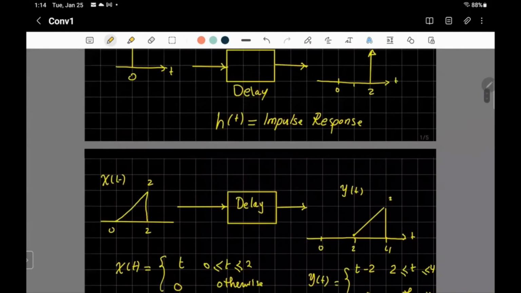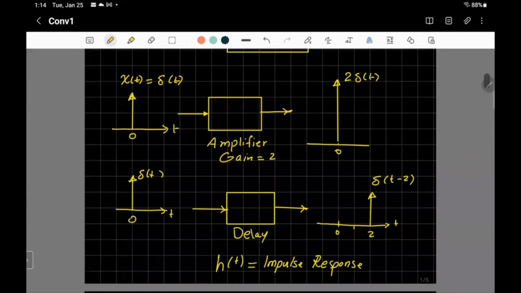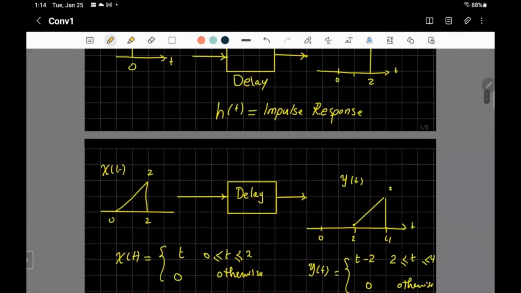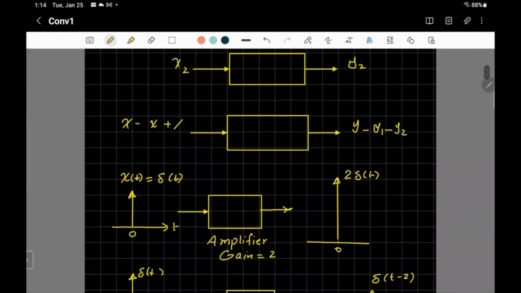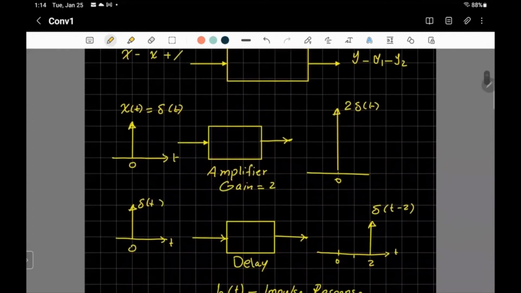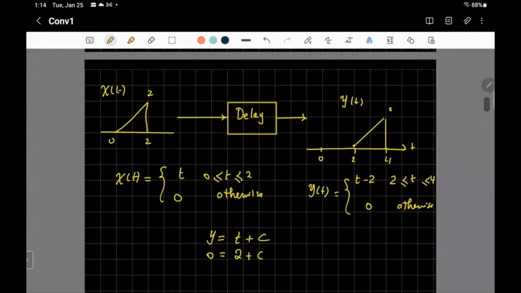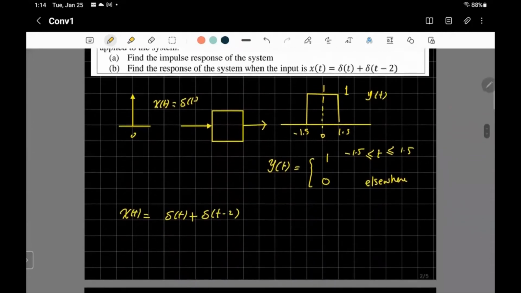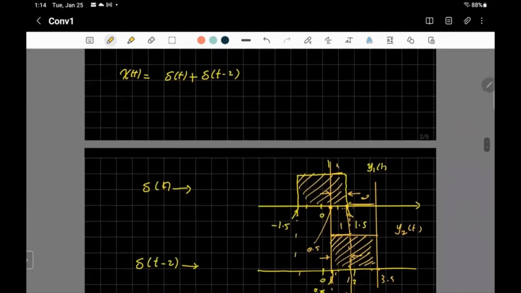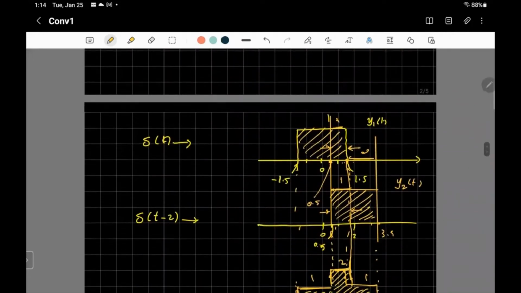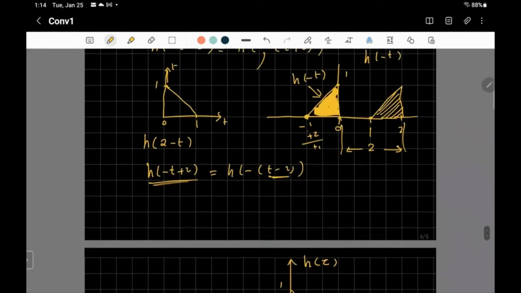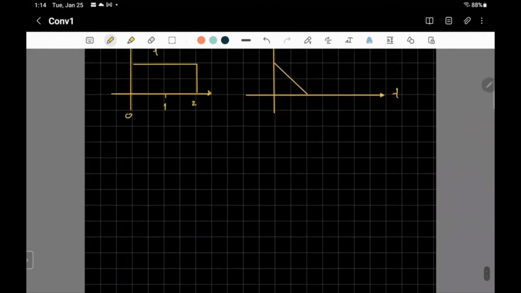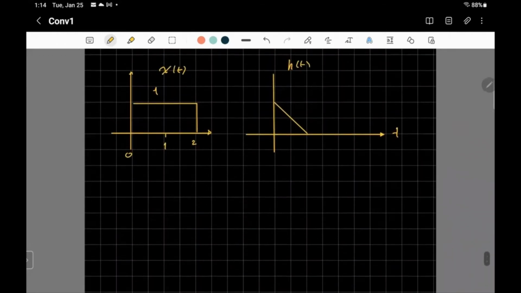When we have something like that, delta t minus 2, everything was shifted. Why? Because when you do something like that, it means at time equals 0.